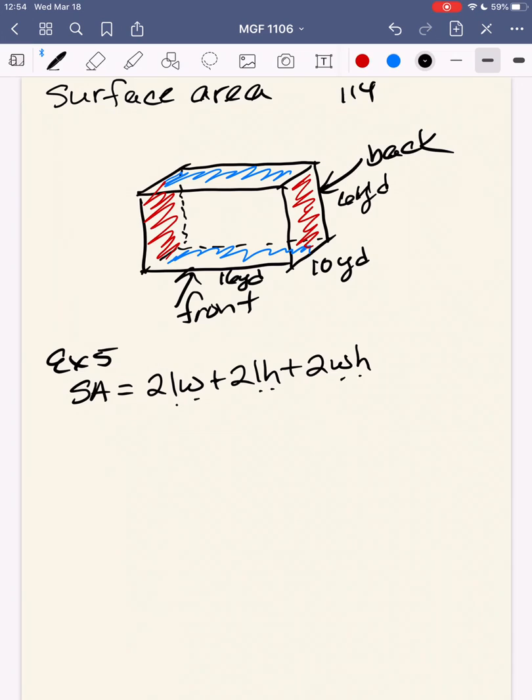So we're taking all our sides and putting them together, okay? I'm going to first look at length times width, which would be like the front of my box, which would be 16 and 6. I have two of those, two things being multiplied together.